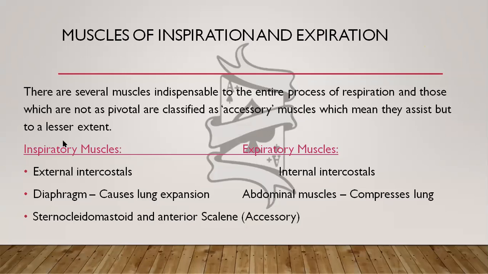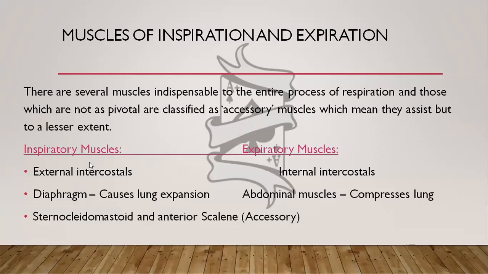That facilitates pulling your ribs apart, and an increase in volume. That increase in volume is perfect for inspiration, because the point of inspiration is to bring as much air as possible in. If it weren't, that would be a problem.